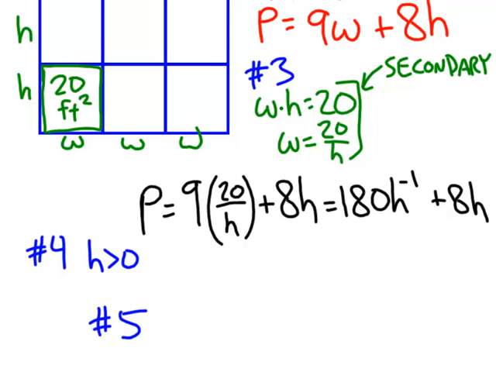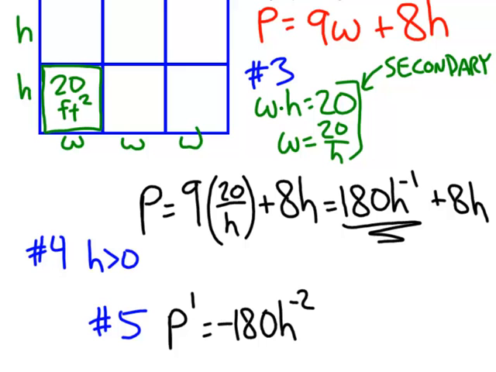So let's figure out P prime. P prime equals, I'm looking over here, and I'm going to get negative 180 H to the negative 2 plus just 8. And we'll set that equal to 0 or undefined.